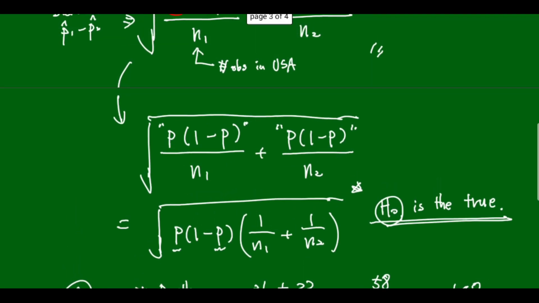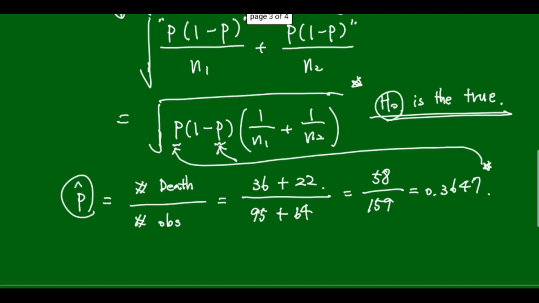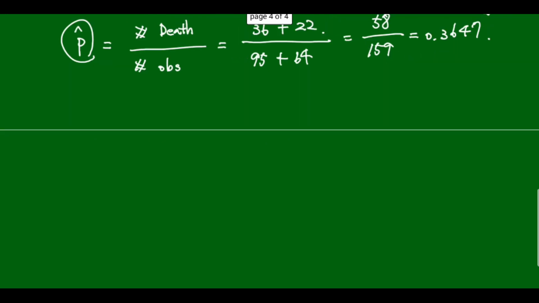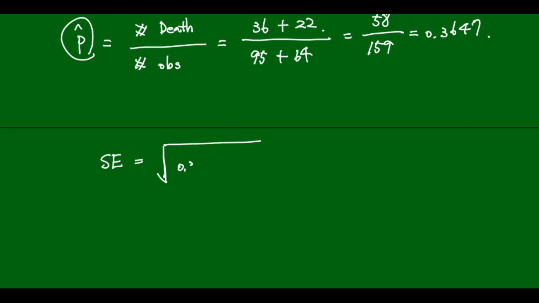Okay, so I want to use this number to estimate this p. My final answer for SE is this number, 0.3647 multiplied by 1 minus 0.3647, and then 1 over 95,000.